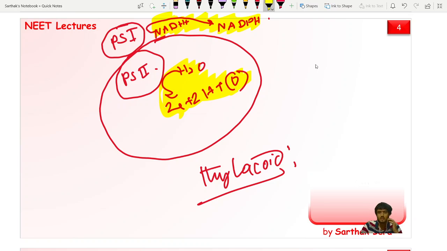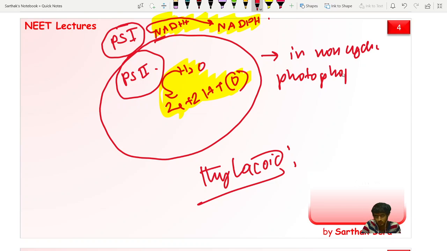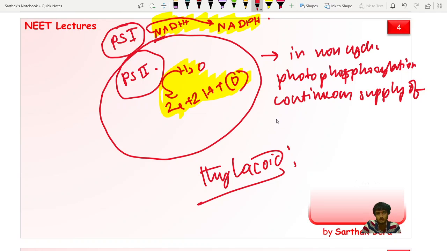An important thing about non-cyclic photophosphorylation is that a continuous supply of electrons is required. Why is a continuous supply of electrons required?